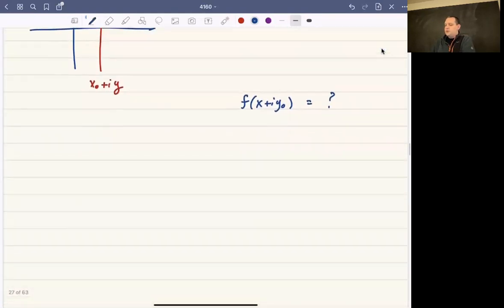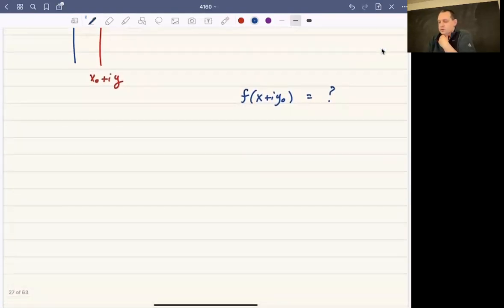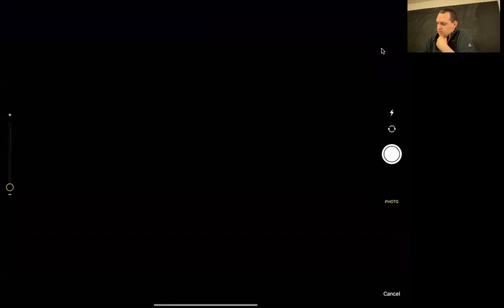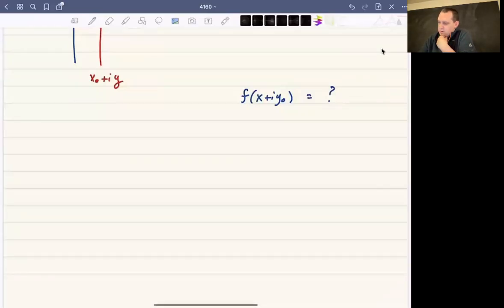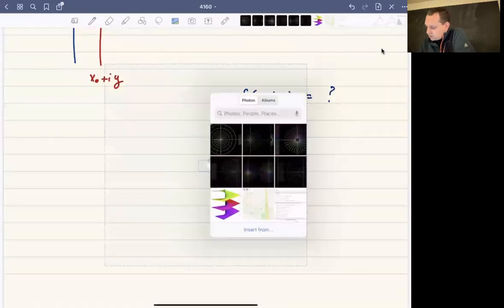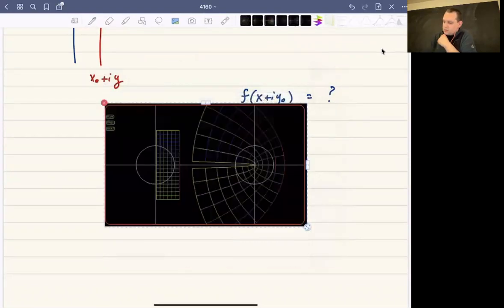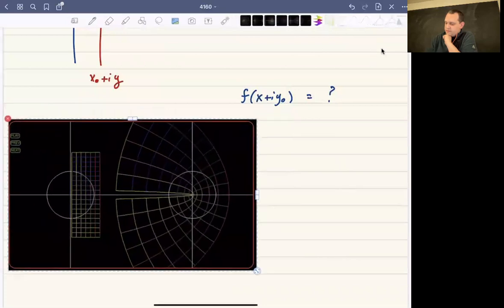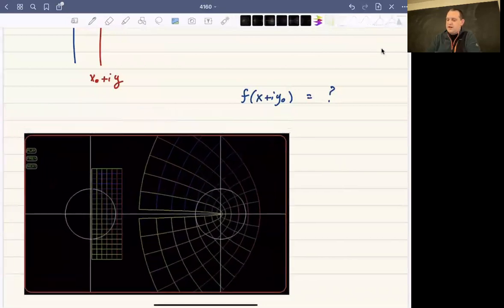But the last thing that I want to do is show you a picture of what's going to happen here. So what I want to do is show you the graph. Here we go. This is the graph, and this is using software.